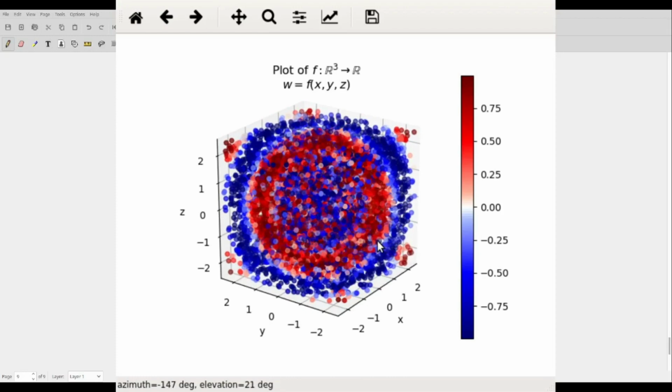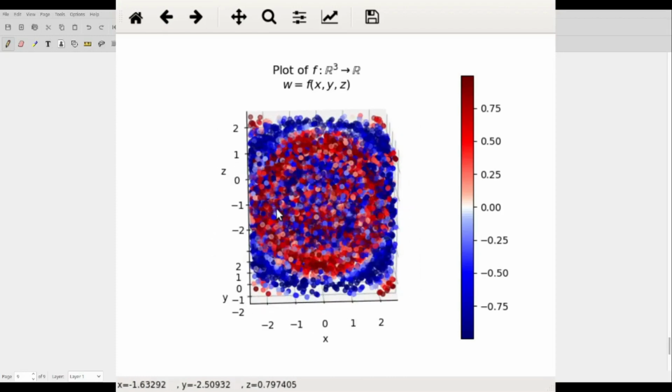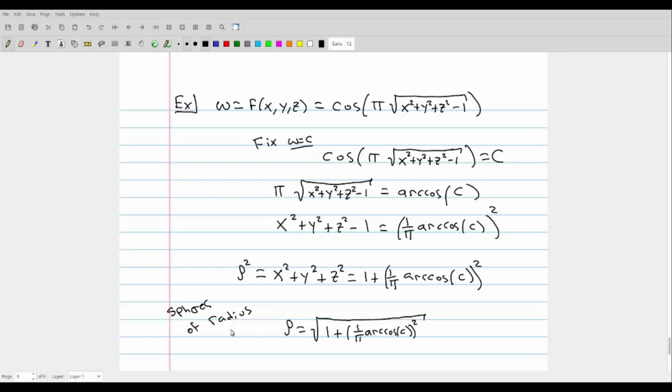It's a little bit hard to see with just the basic plotting capabilities of Python, but it's exactly what's happening. As you move away from the origin, it's the cosine function, which exactly matches up with what we expect from this function itself: cosine of pi times the square root of x squared plus y squared plus z squared minus 1.